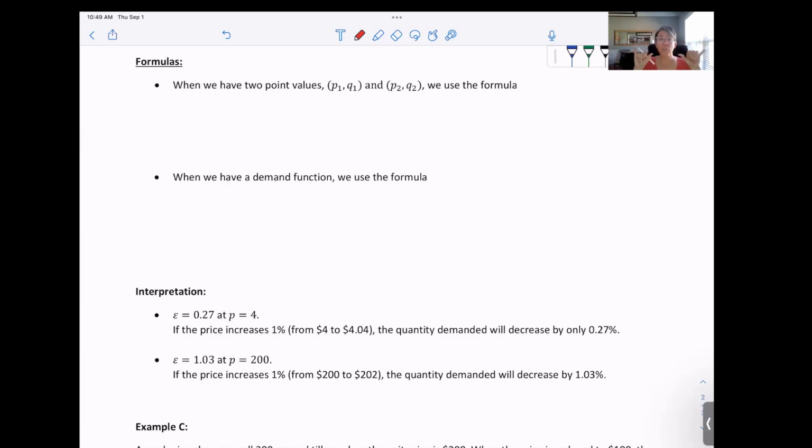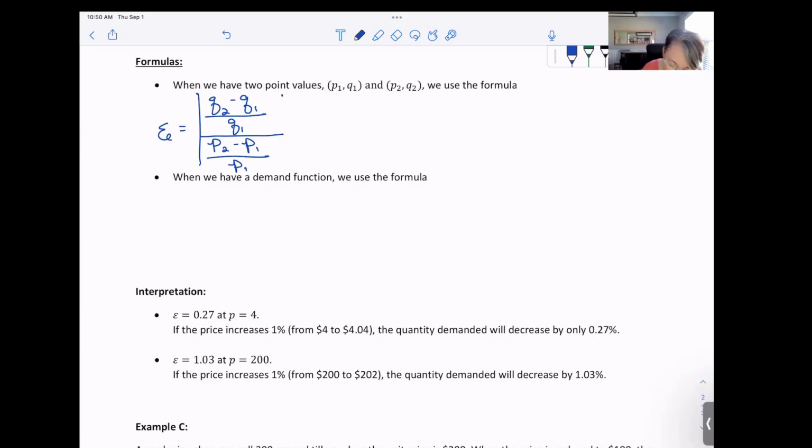If you are given just those two-point values, we have this formula where elasticity equals the absolute value of your second quantity minus your first quantity divided by your first quantity. Think of it like a percent change from your original, divided by your second price minus your first price divided by your first price.